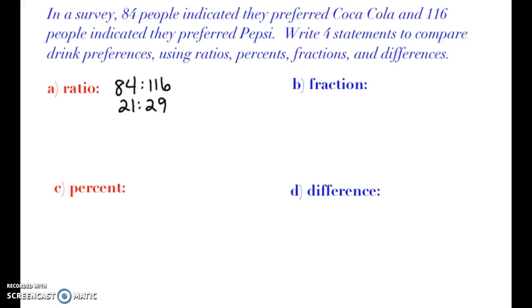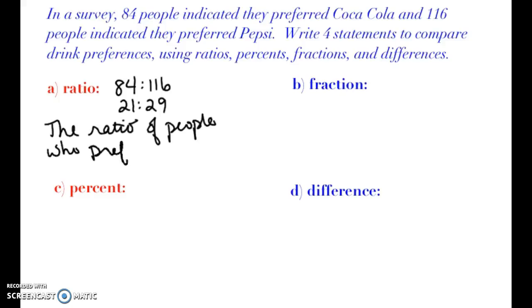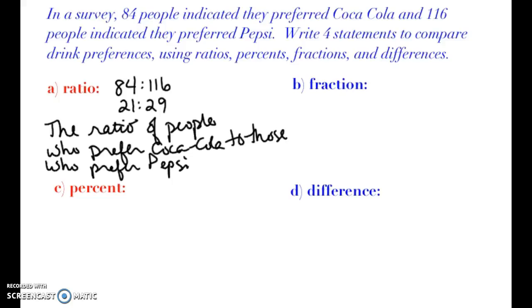So something like the ratio of people who prefer Coca-Cola to those who prefer Pepsi is 21 to 29. So you've got your full sentence, it's clear, and it's written out.